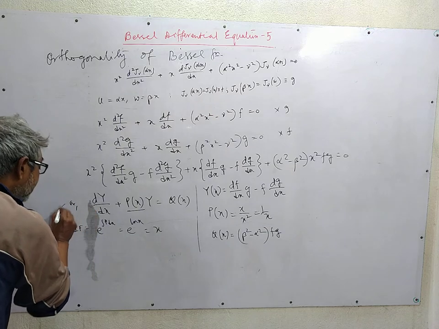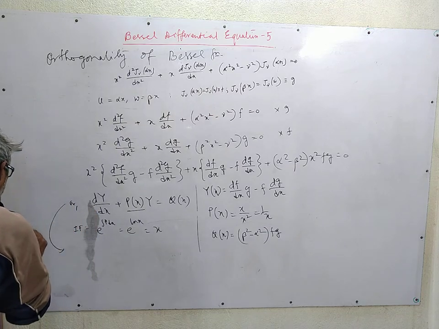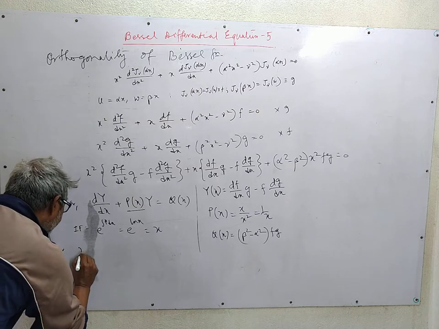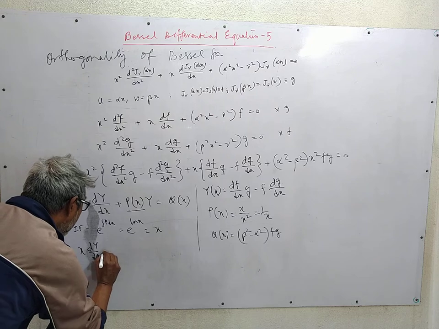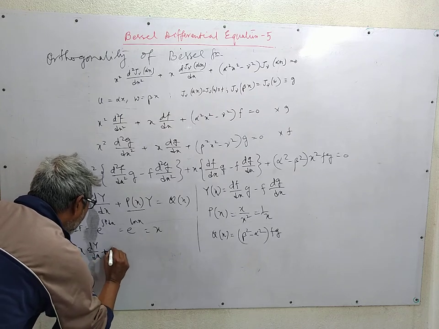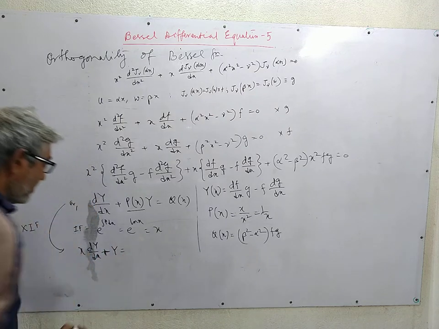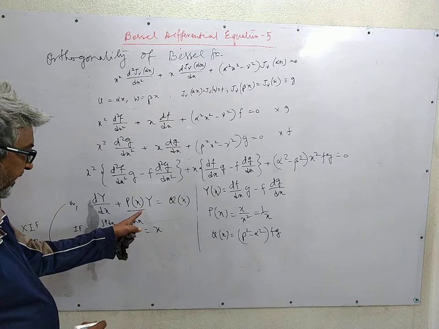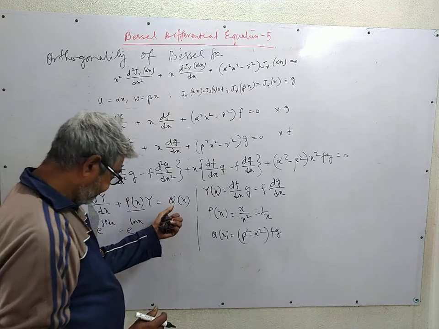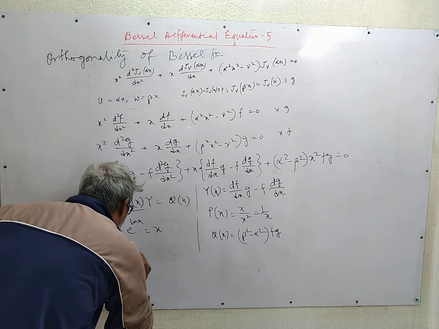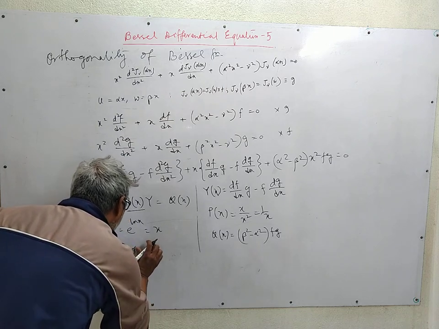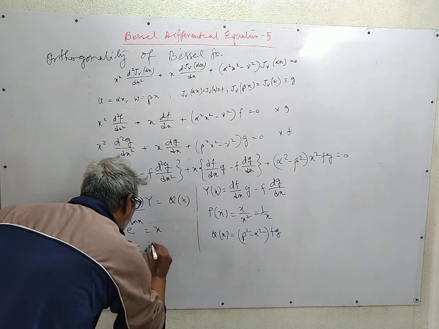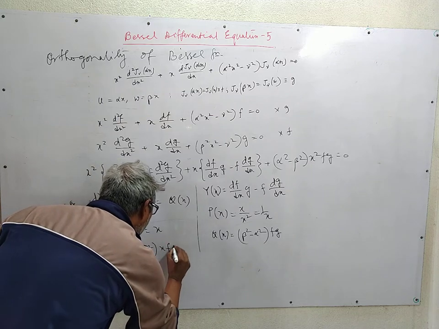So this differential equation, when multiplied by the integrating factor, becomes x dy dx plus y, because x and 1 by x cancel out, and for this part we write beta square minus alpha square x fg.